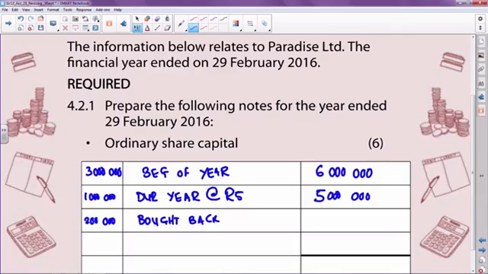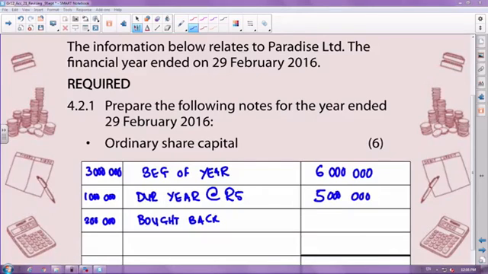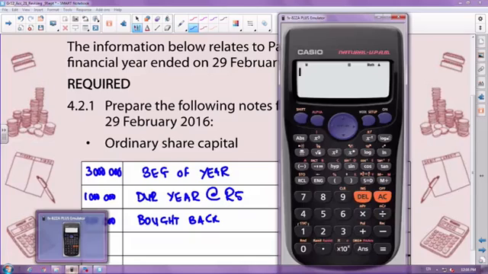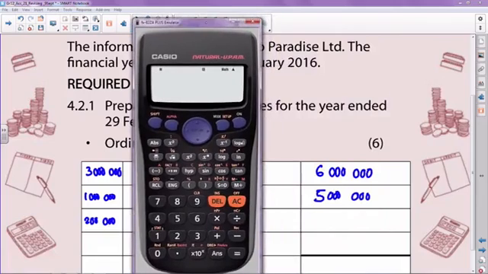But now, very important. What do I have to do the moment there's a buyback of shares? The first thing that I need to do is to calculate my average price. And how do I calculate my average price? Very simple. I'm going to take the value of the shares, which was 6 million, plus the 5 million, the Rand values, to give me a total of 11 million Rand.